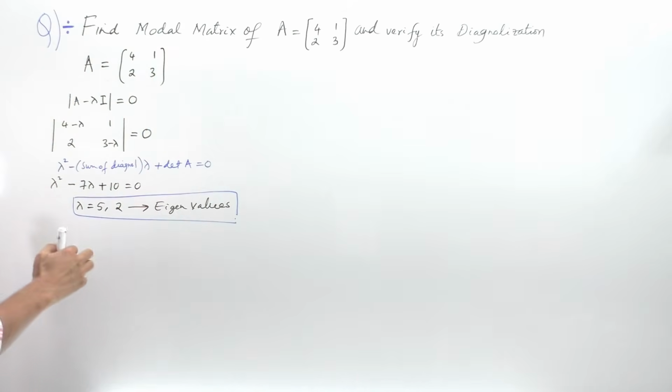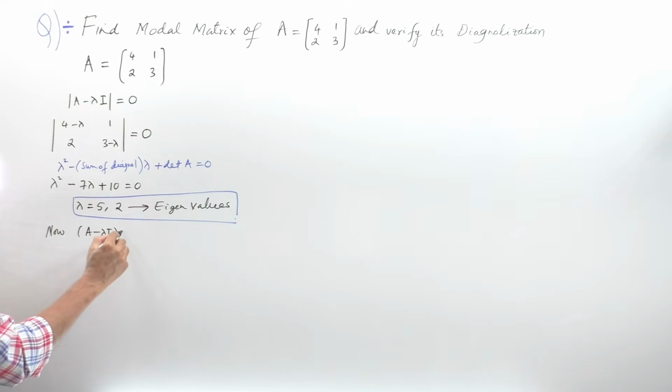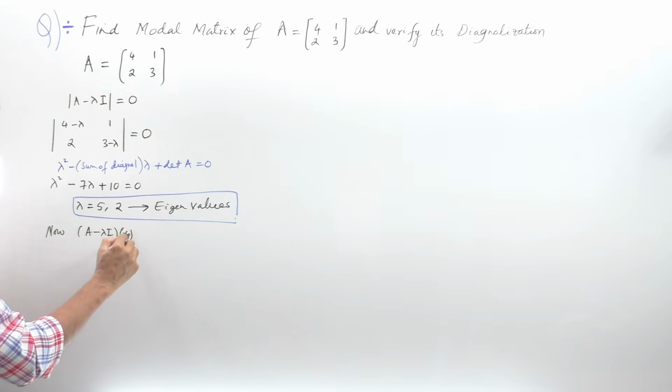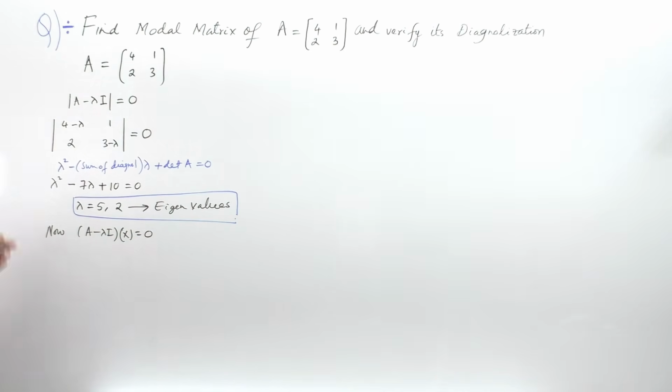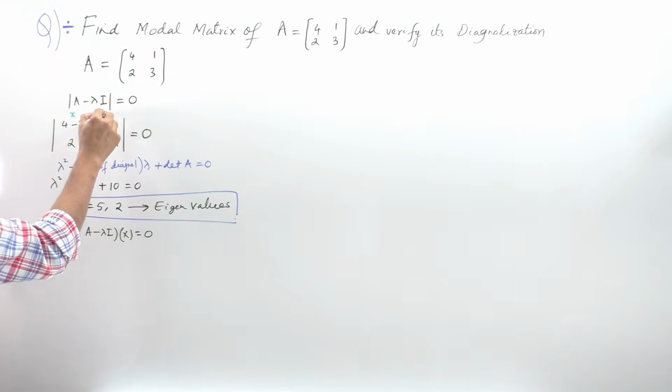Now, to find the eigenvector, we'll take the equation A minus lambda I into, say, X, that is the variable x, y, is equal to 0. Now, if you put it here, this is for x, this is for y.